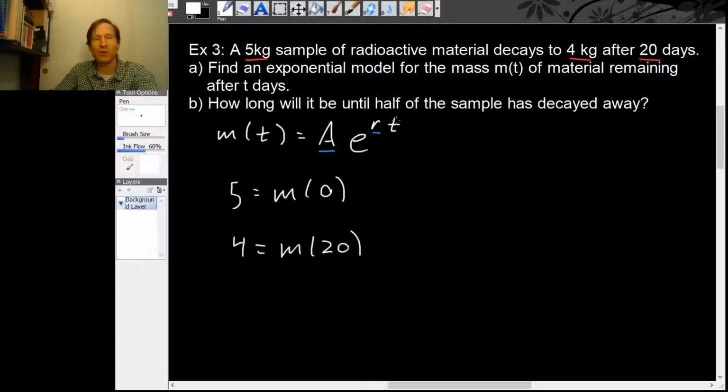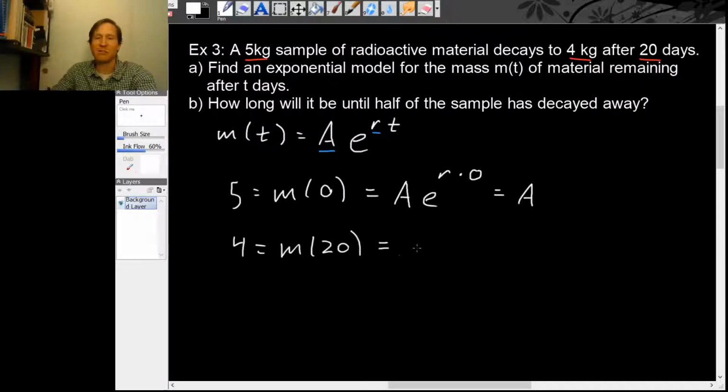Okay, well, we have a formula for our exponential function, so we can plug our t values into here. For the initial t value, we get a times e to the r times 0, and e to the r times 0 is 1, so this is just a. So now we know a is 5.